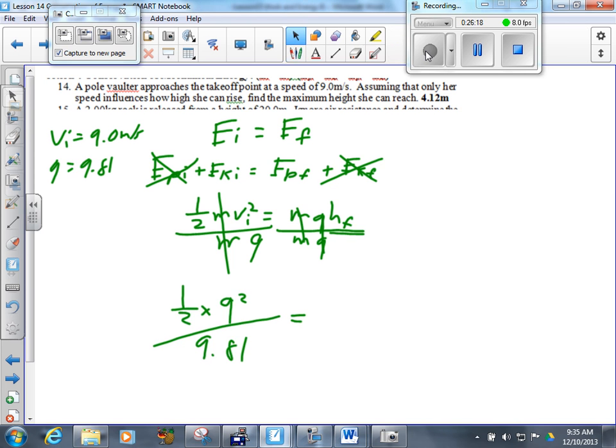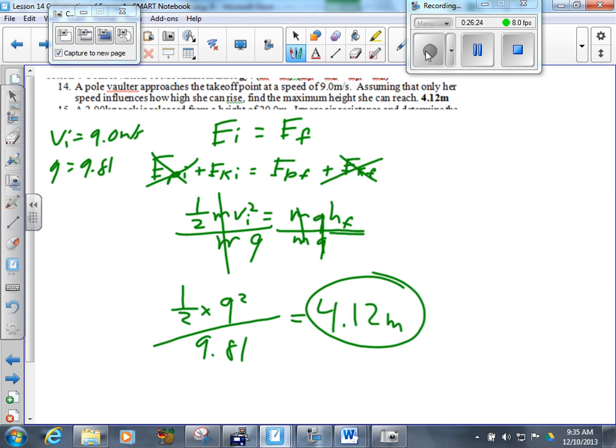Okay, and the answer is on there, right? 4.12 meters. Which is a very respectable high school pole vault number. Okay. Does everyone follow how that one worked? Okay, guys, any law of conservation of energy question, you want to start with those two steps.